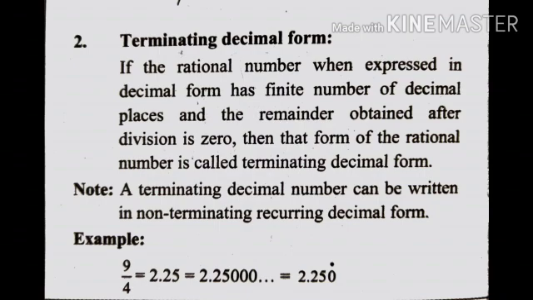To convert terminating decimal form to non-terminating decimal form, we have to add 0 at the end and put a dot above 0.